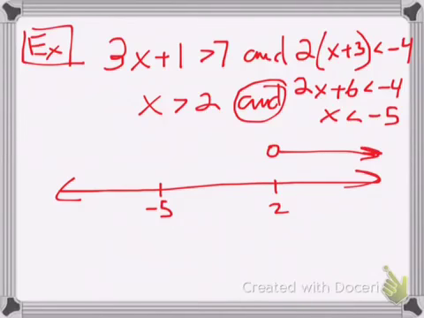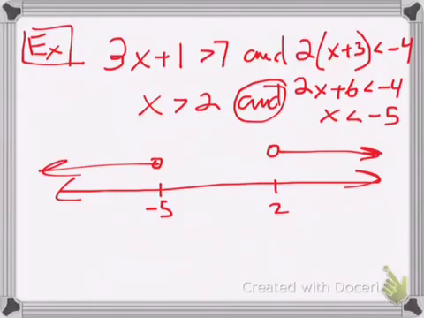Less than negative 5 shades this direction. Do we have any crossover? So what does that mean? It means that this particular problem has no solution because there are no numbers that satisfy the first inequality and the second inequality.